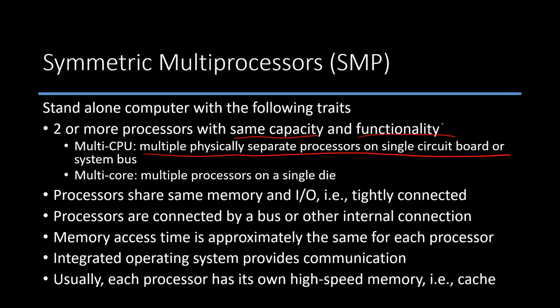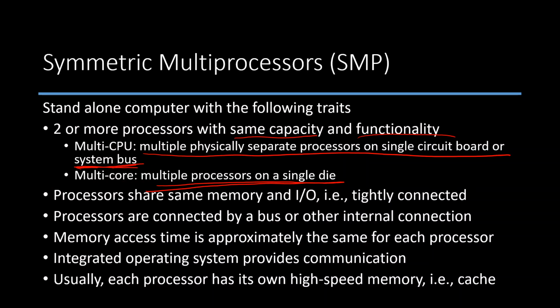So you're not talking about different levels of performance, different instruction sets, or different sizes of file registers and so forth. These are all the same basic capacity. As I said before, it can be on a single die or maybe on a single PCB that share items across the system bus.